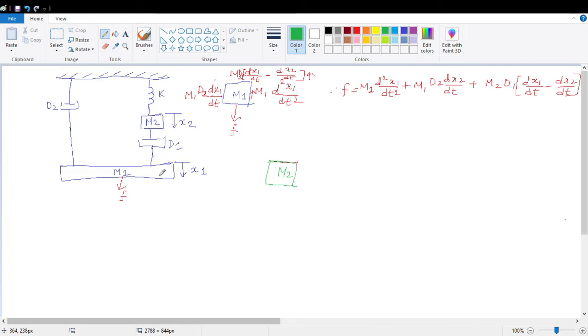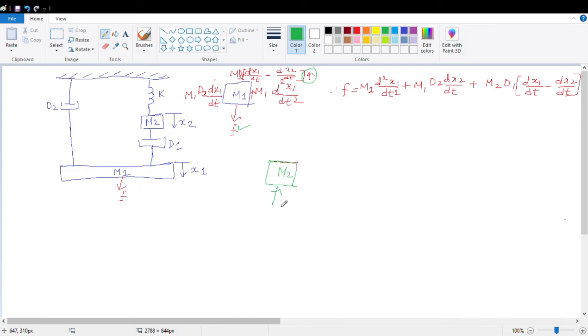The force that acts as a restraining force against F is actually transmitted to M2, because M2 is attached to this damper block. The damper force is in the opposite direction of F and is applied directly to this mass.